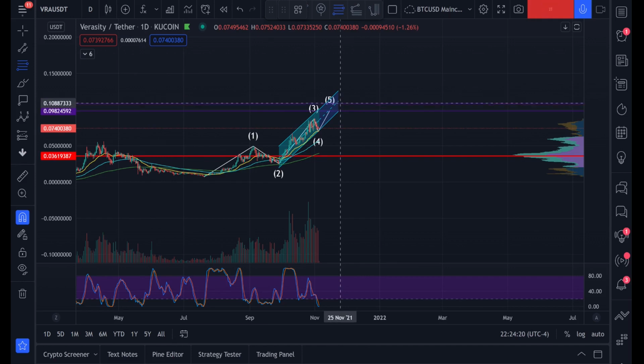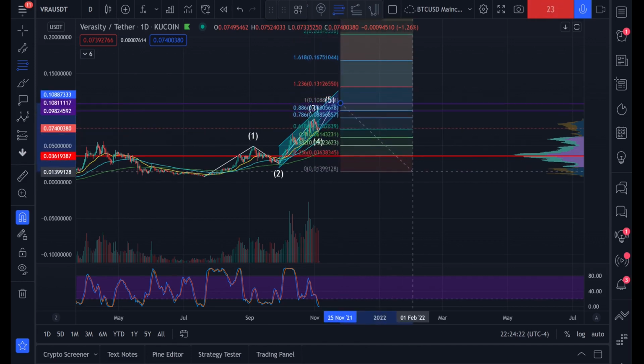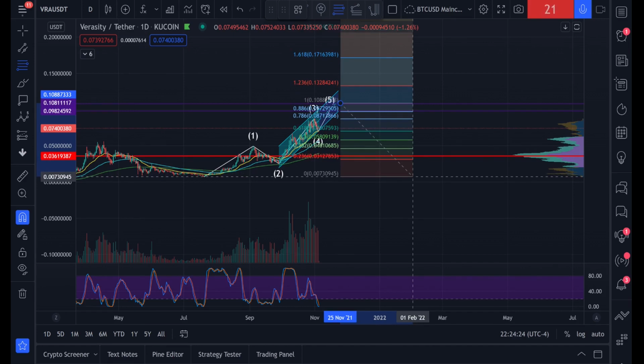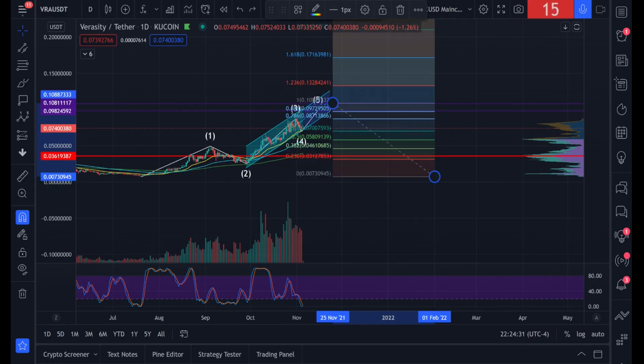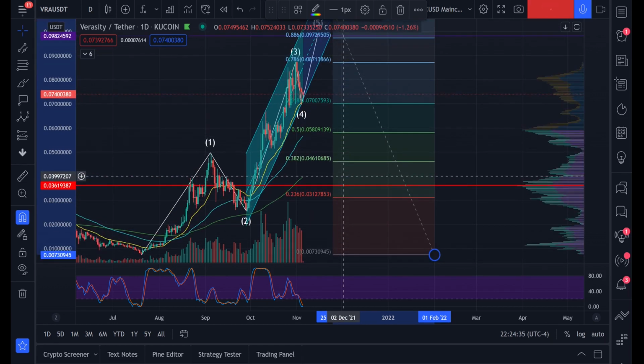So let's say this is your top right here. You pull it to the bottom of this whole wave. The 0.382 is about 4.6 cents, and the VPVR is at the 0.236. So we may even come to the 0.236 at around 3.5 cents. So that's VRA.